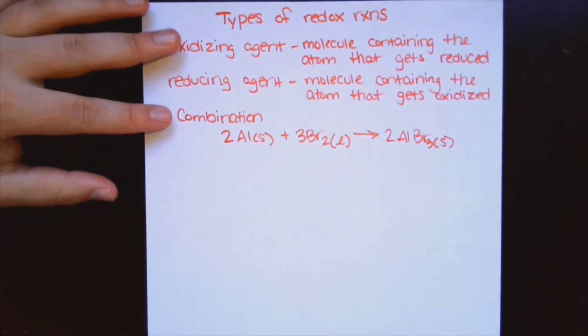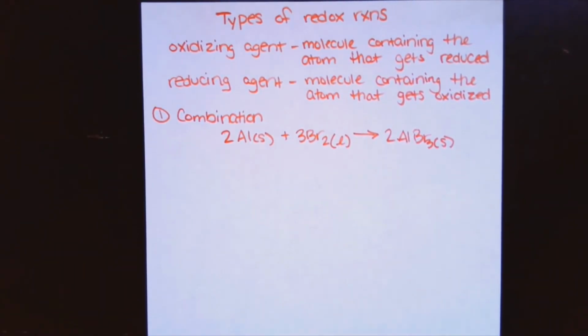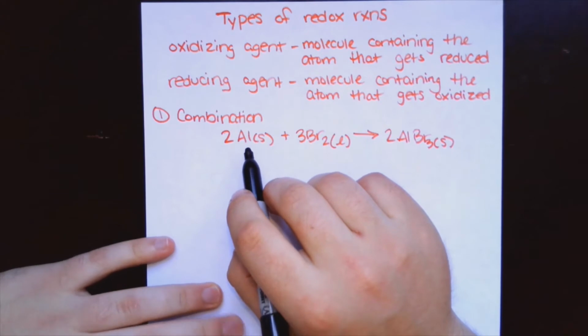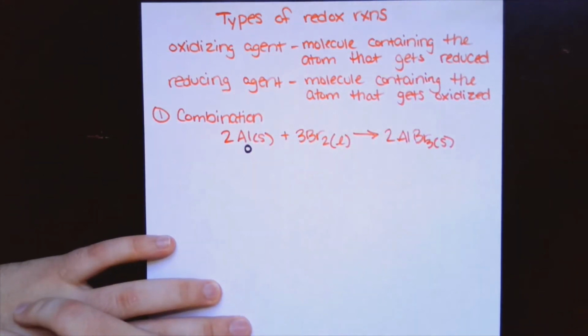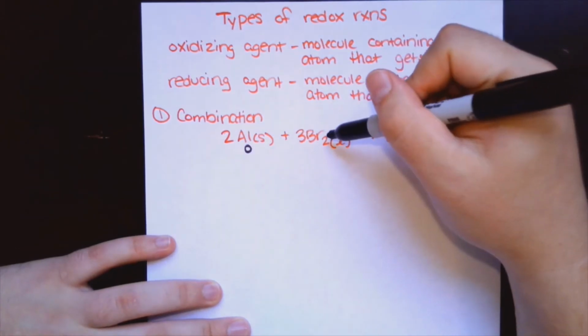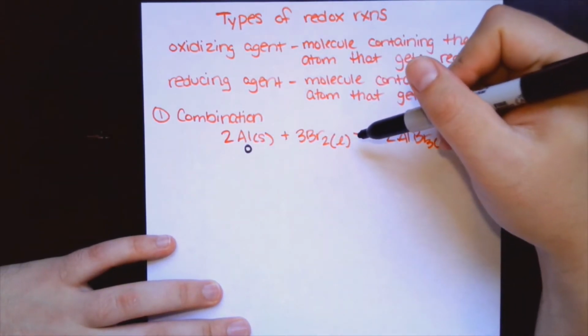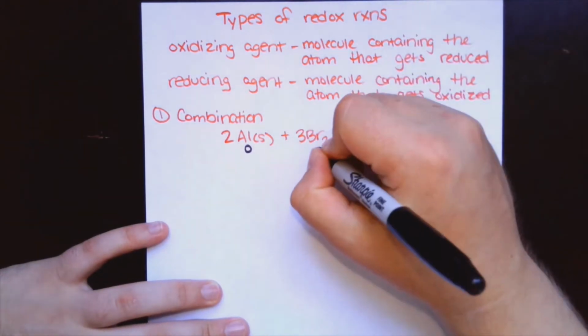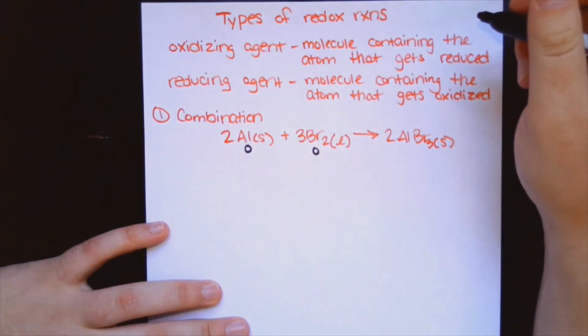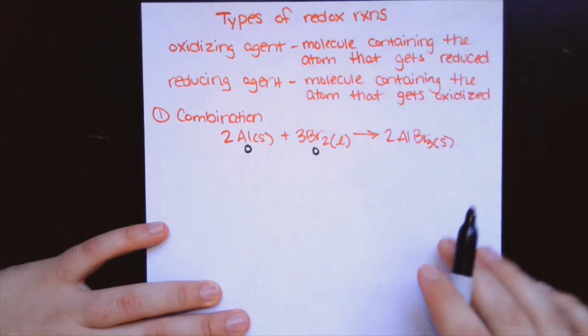Alright. So, on the reactant side, solid monatomic aluminum, that is its elemental state. So its oxidation number is 0. And diatomic liquid bromine is actually the natural elemental state of bromine. So its oxidation number is also 0.